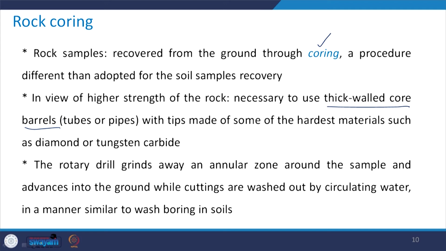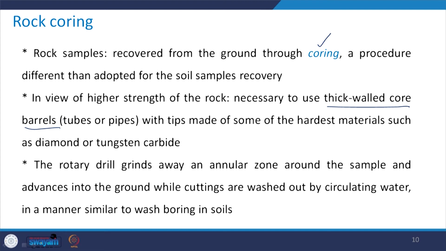So, you see that we need to use diamond drill bits in order to retrieve the cores from the ground. What is done in this case is that a rotary drill grinds away an annular zone around the sample and advances into the ground, while the cuttings produced in this process are washed out by circulating water, exactly on similar lines as in wash boring in case of soils.